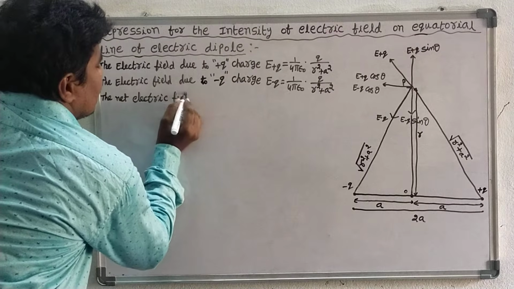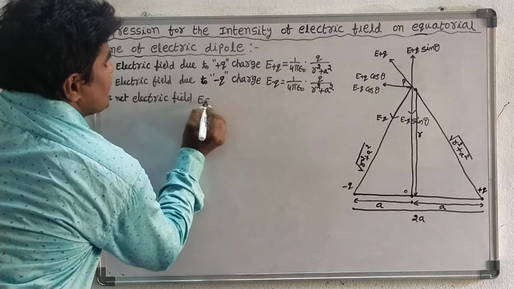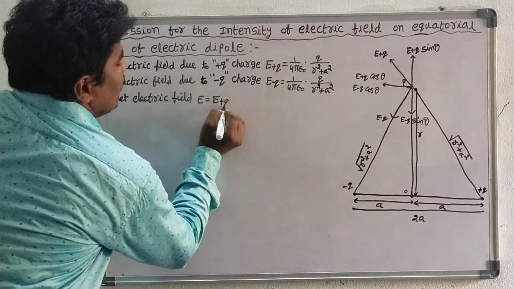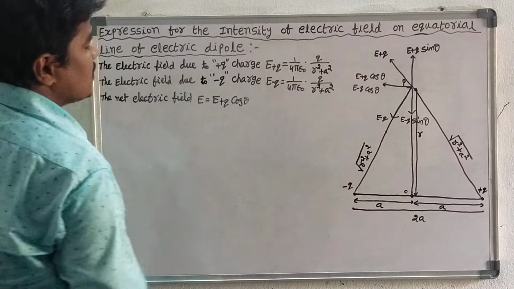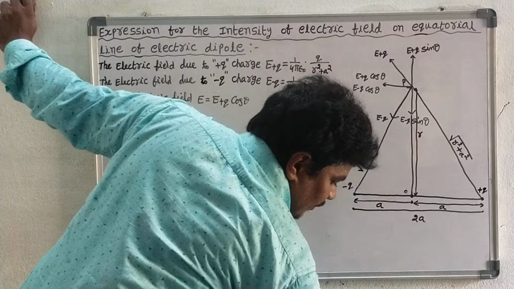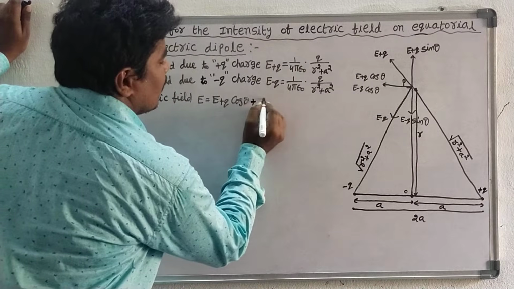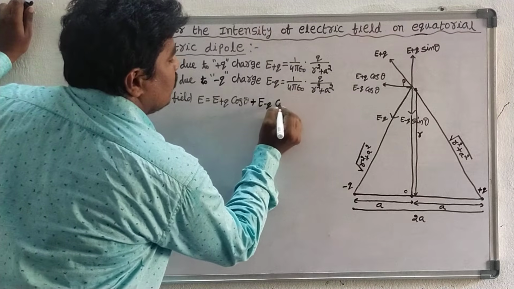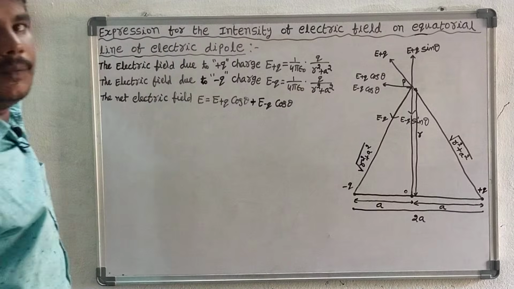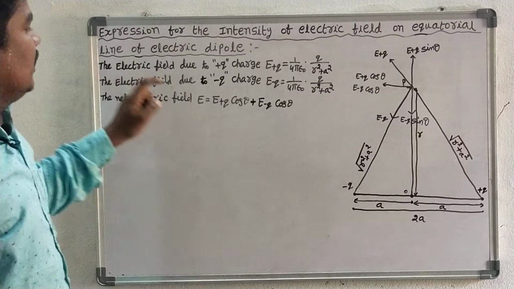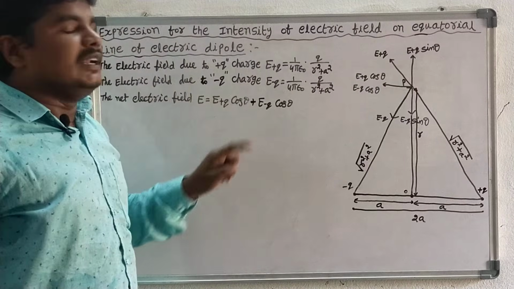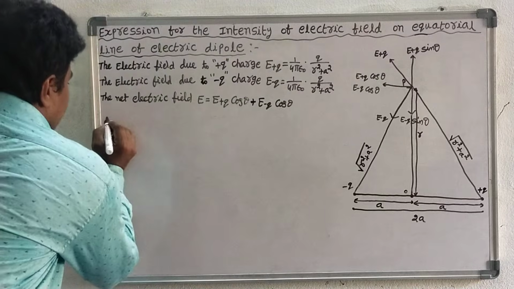So the net electric field is equal to E plus Q cos theta plus E minus Q cos theta. We substitute the values of E plus Q and E minus Q in this value.